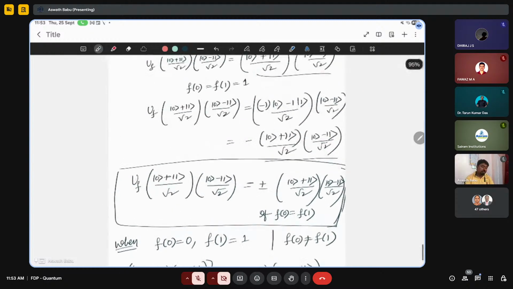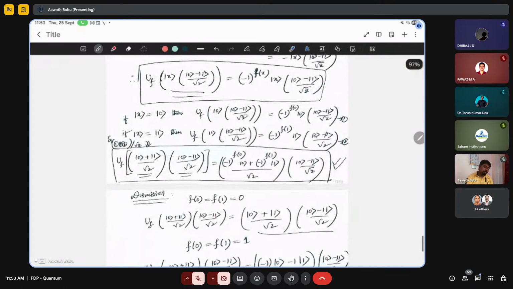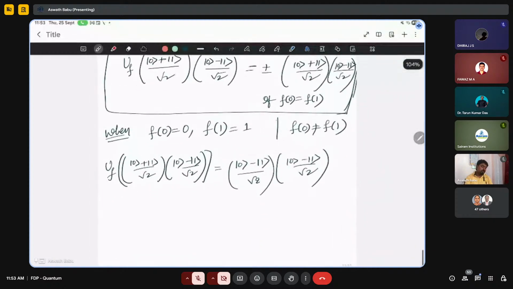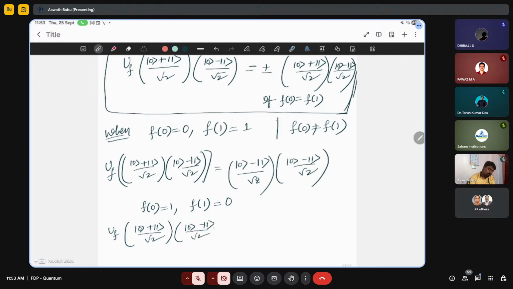You can cross check whatever I have written from this expression. From that expression I have written. Now, when f of 0 is 1, f of 1 is equal to 0. In that case, again you can write down, what you will get?